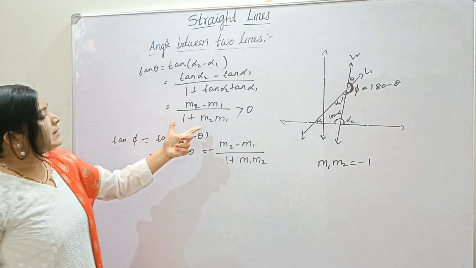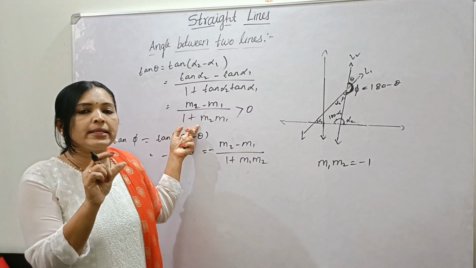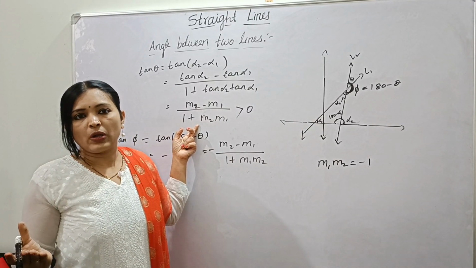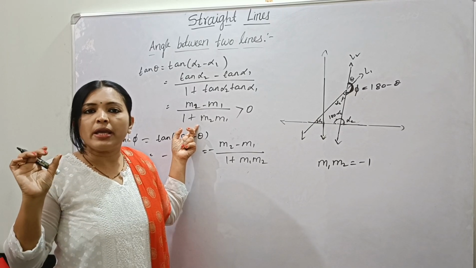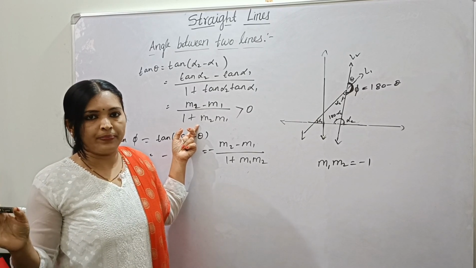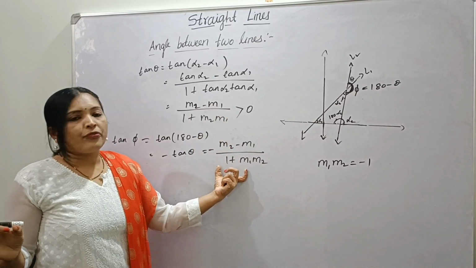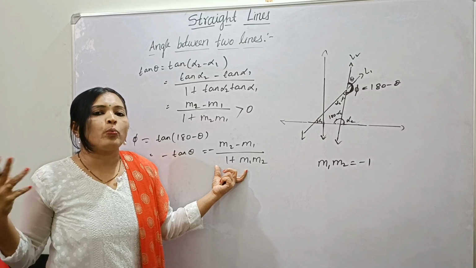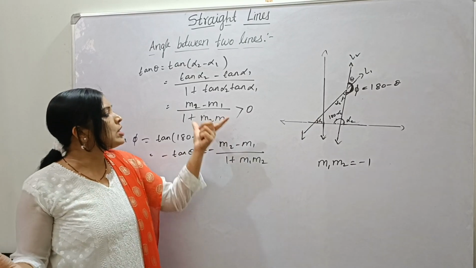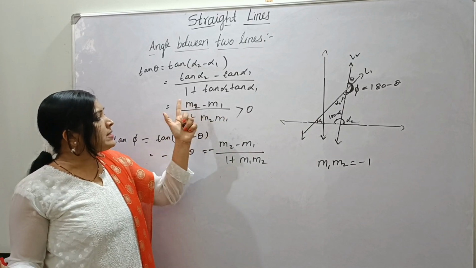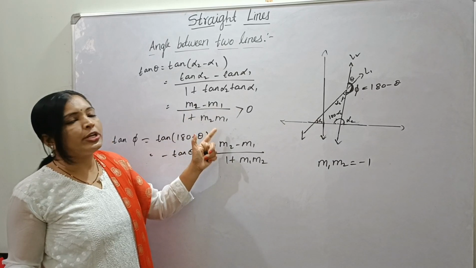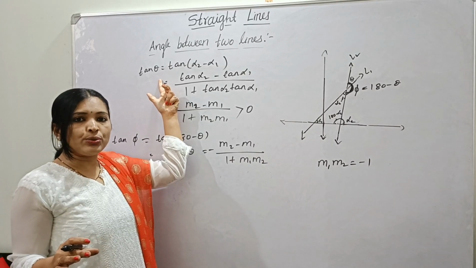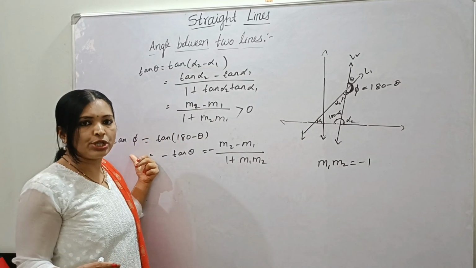If tan theta is positive, theta is an acute angle, that is, theta will be less than 90 degrees, and phi will be greater than 90, that is, phi will be an obtuse angle. If m2 minus m1 divided by 1 plus m1 into m2 is negative, then tan theta is negative and tan phi is positive.